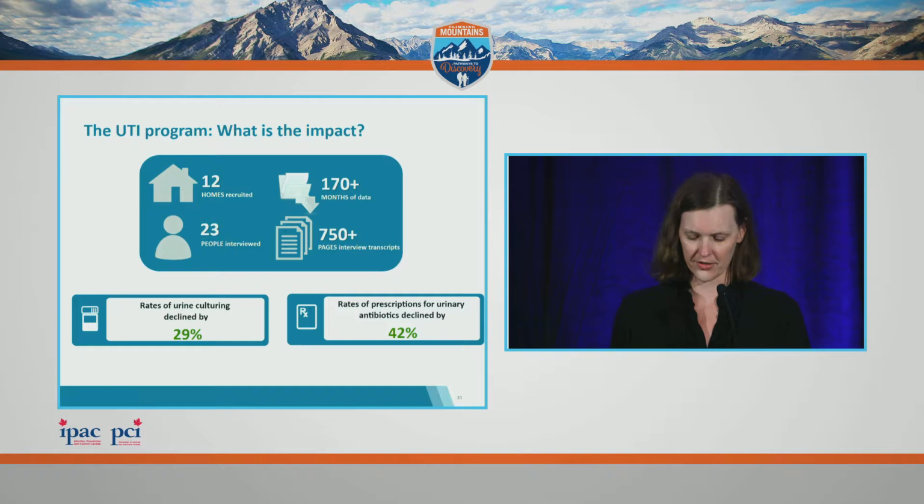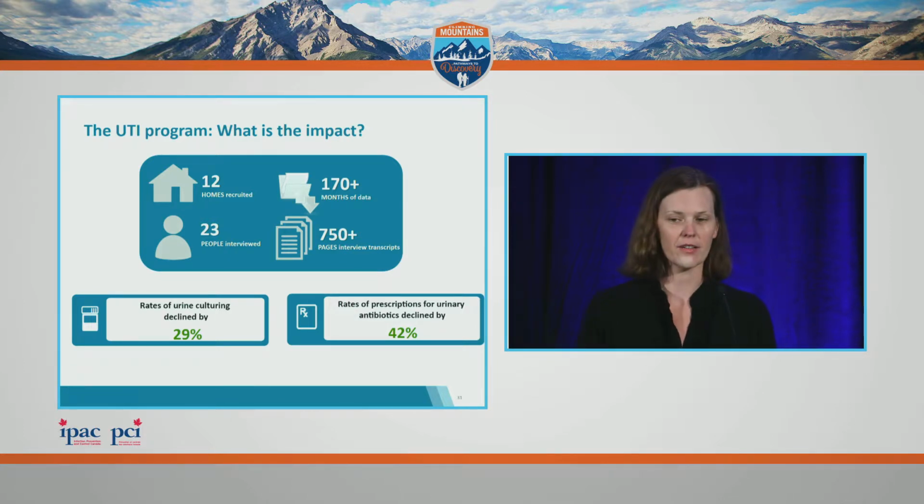And so what we learned from the data collection and from the feedback that we were receiving is that the program, with 10 long-term care homes contributing data, showed that implementing some aspect of the program resulted in an average decline of 29% in urine culturing and an average decline of 42% in antibiotics commonly prescribed to treat UTIs.